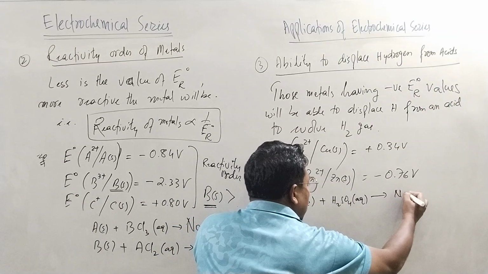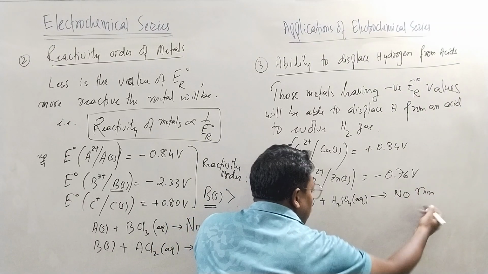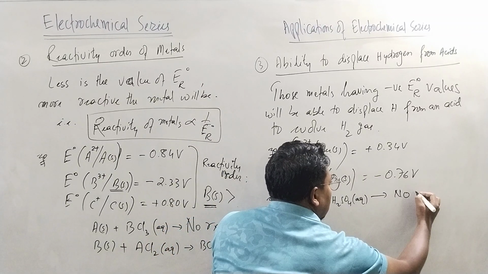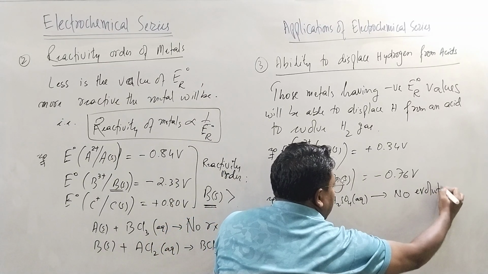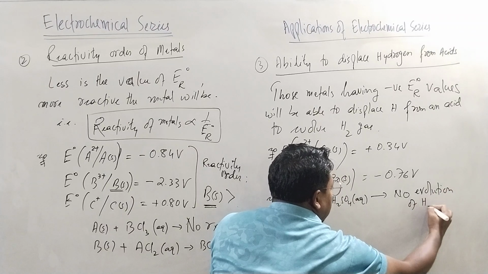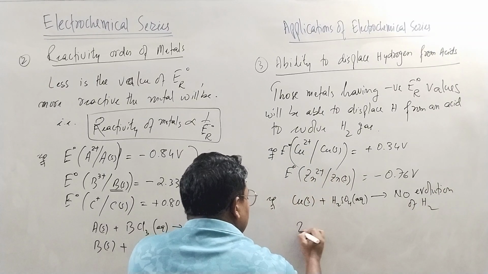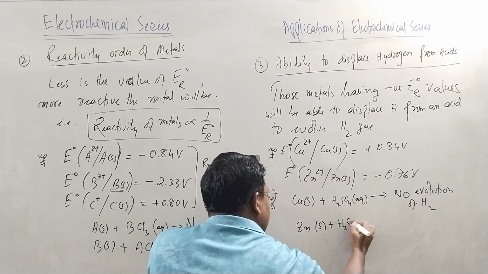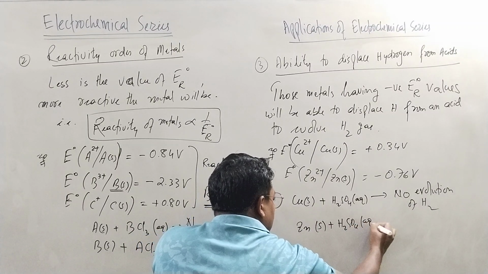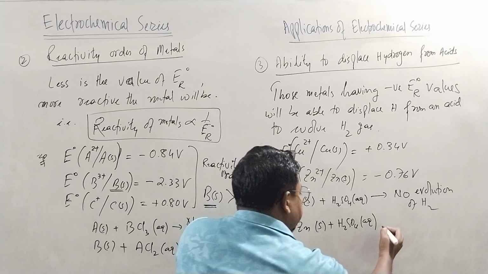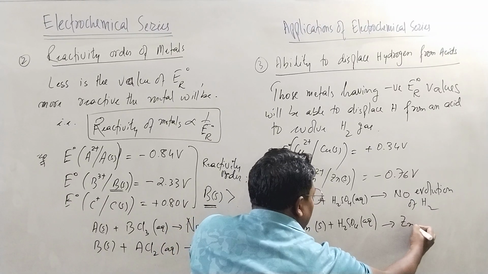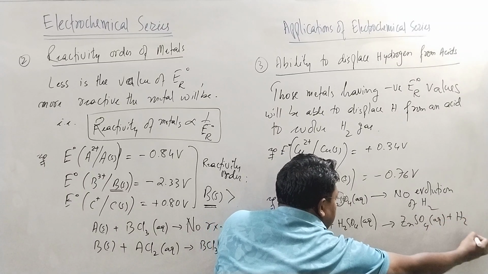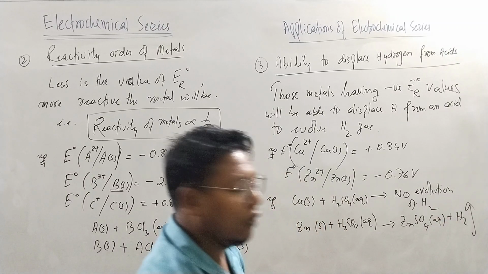So there will be no reaction or no evolution of hydrogen gas. But zinc solid easily reacts with H2SO4 solution to form zinc sulfate aqueous and hydrogen gas will be evolved.